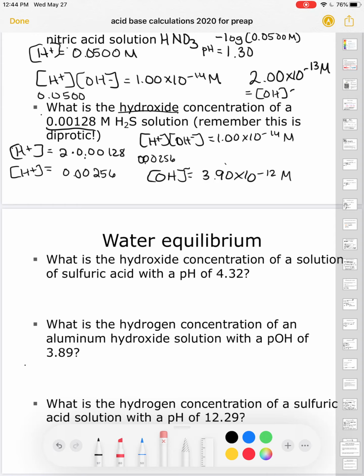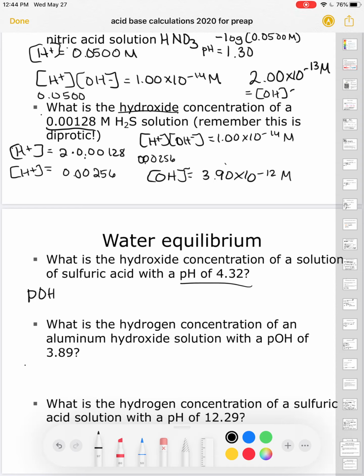So if we have a pH of 4.32, and I'm looking for the hydroxide concentration, that means I'm going to need my pOH. If my pH is 4.32, it doesn't really matter that a diprotic acid made this.